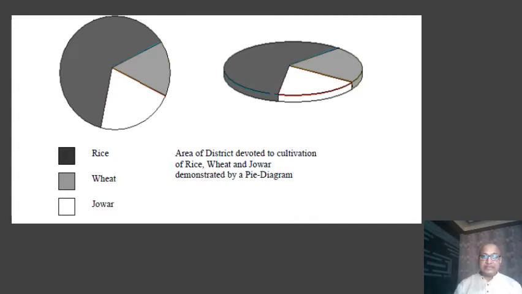Simple frequency distribution shows the value of the variable individually, whereas the grouped frequency distribution shows the value of the variable in groups or intervals. In the next slide, I will show an example of both frequency tables.